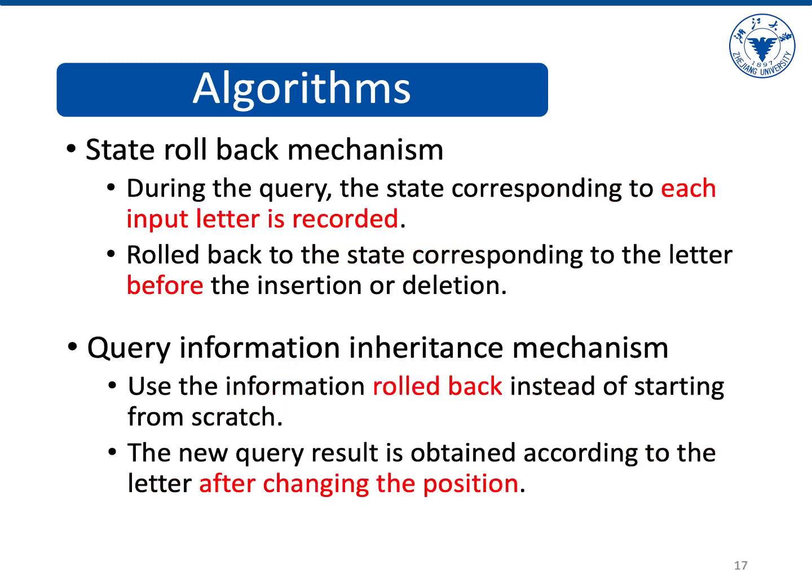To tackle these cases, we design a state rollback mechanism and a query information inheritance mechanism. During the query, the state corresponding to each input letter is recorded. IUA rolls back to the state corresponding to the letter before the insertion or deletion. Then, IUA uses the information rolled back to instead of starting from scratch. The new query result is obtained according to the letters after the changed position.